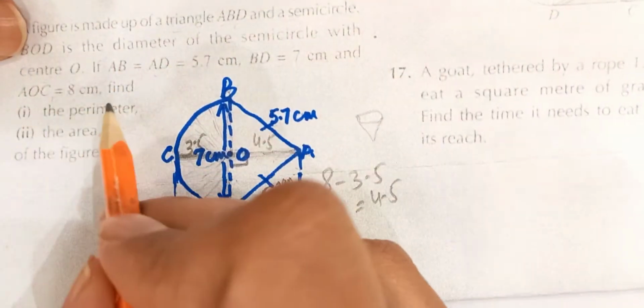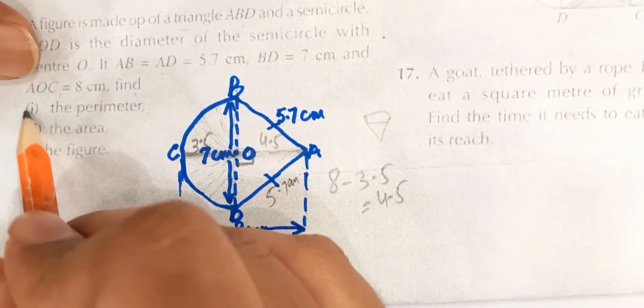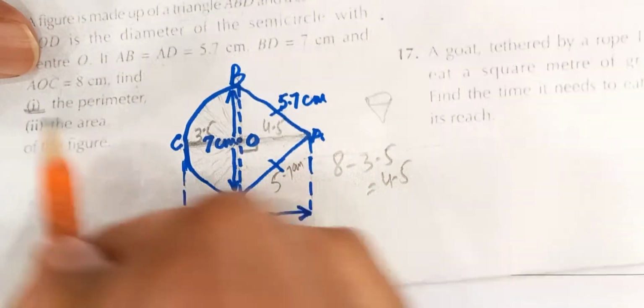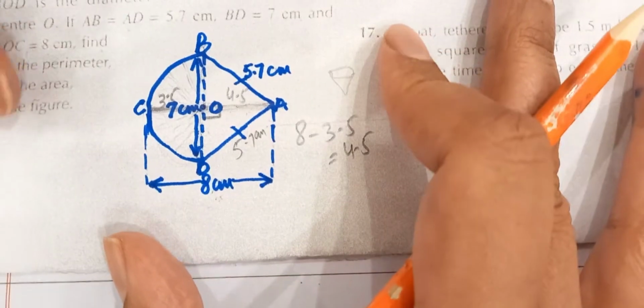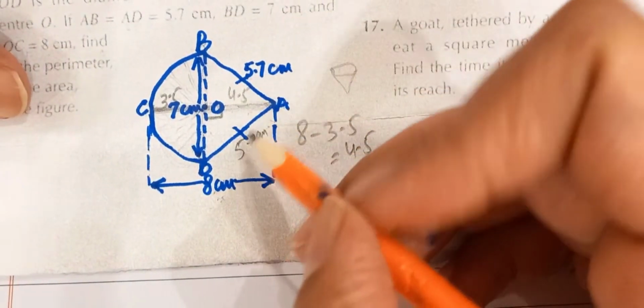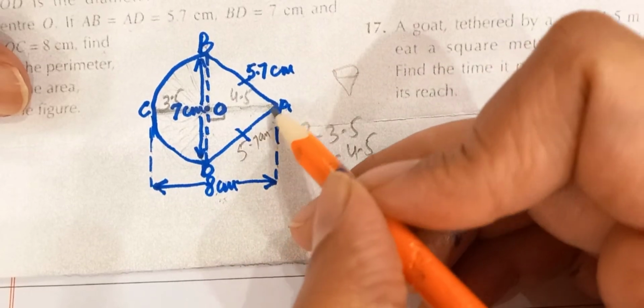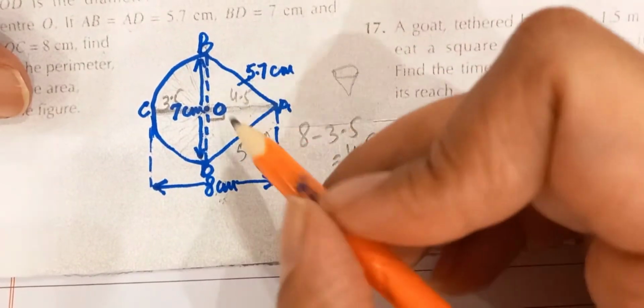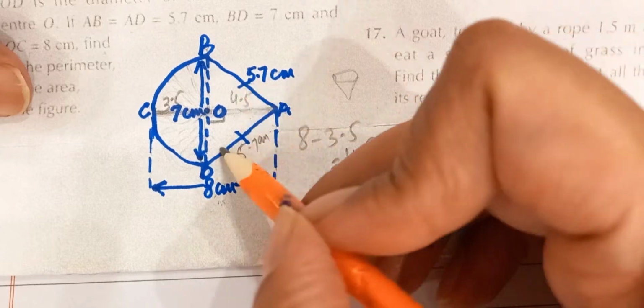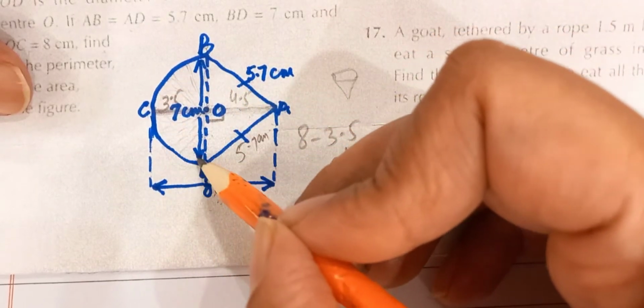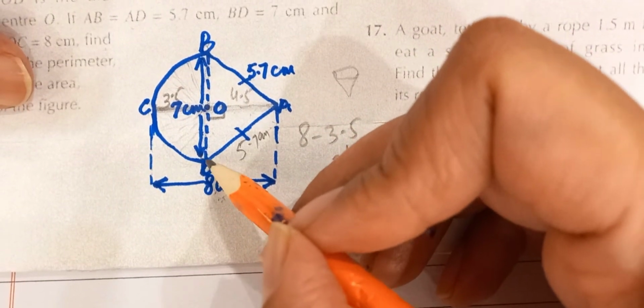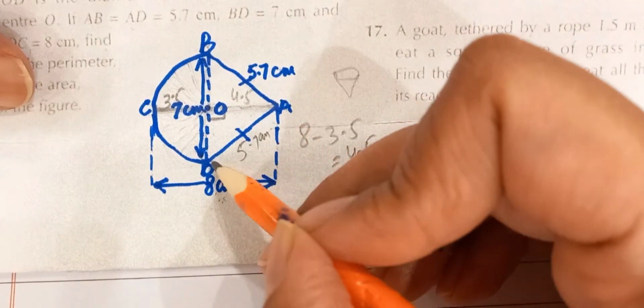Now they have told us to find the perimeter of this shape. Perimeter is the sum of the outer sides of any shape. Now we know that these two lines and this semicircle make the outskirts of this shape, so I shall add them.